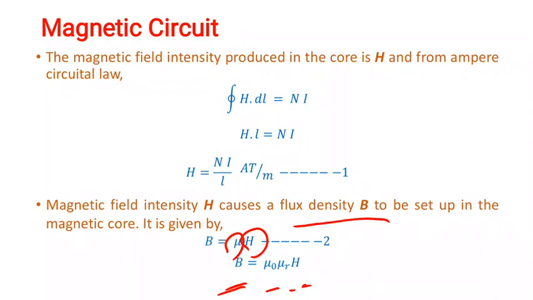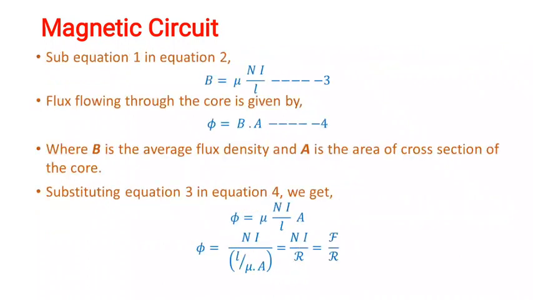Mu naught and mu r are the permeability in the air and the permeability in the medium.